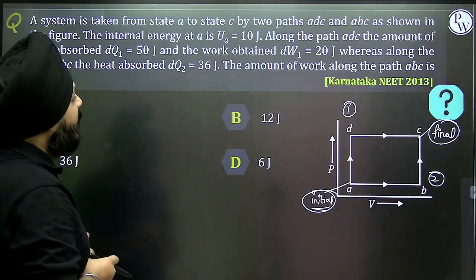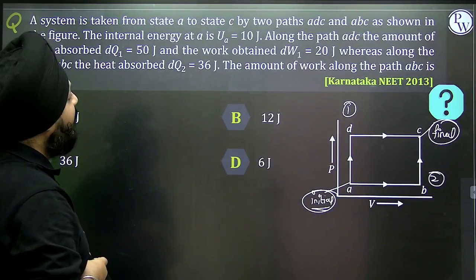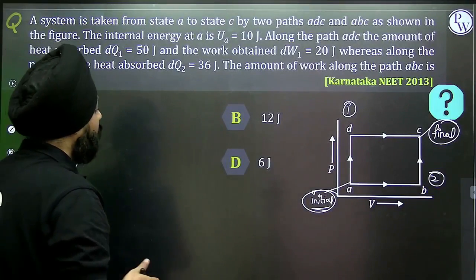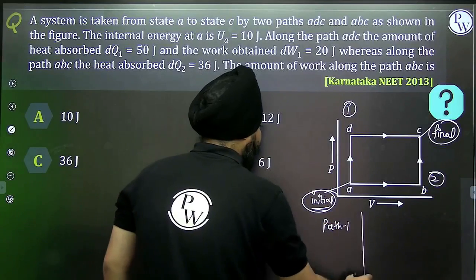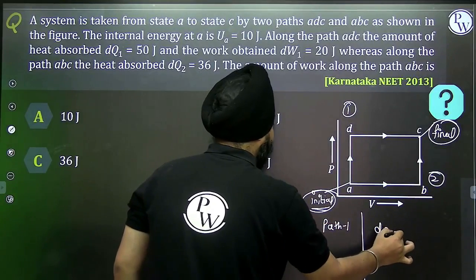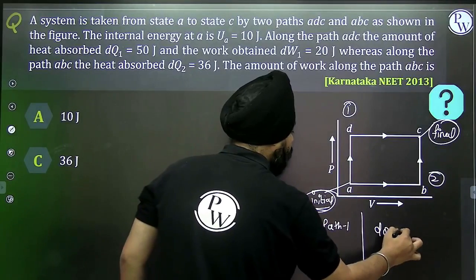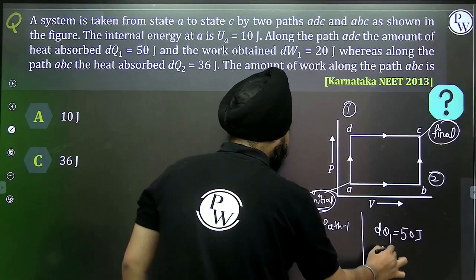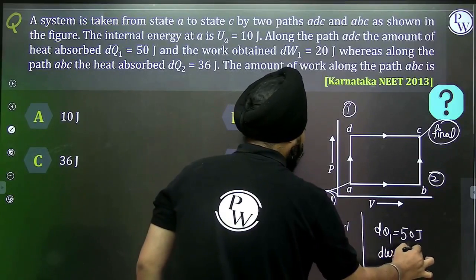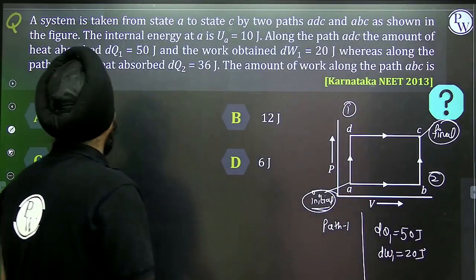Along the path ADC, path 1, we have dQ1 equivalent to 50 joule, and the amount of work done dW1 is equivalent to 20 joule.